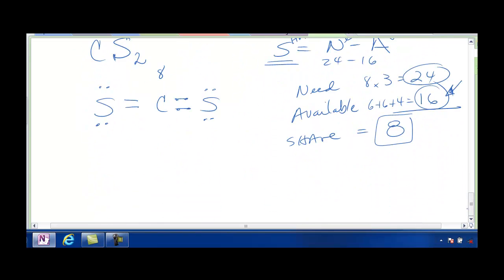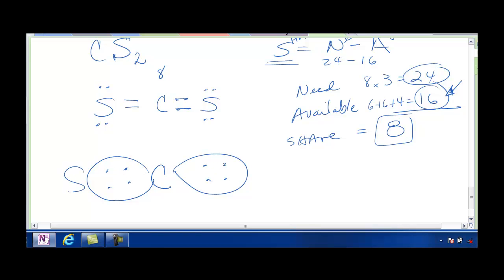What shape do you think this guy has? If carbon has a negative cloud repelling another negative cloud, these are my electrons floating in there, and my sulfurs are here. What shape do you think this is going to be? Linear, because they repel each other, and they're going to want to be as far apart from each other as possible.